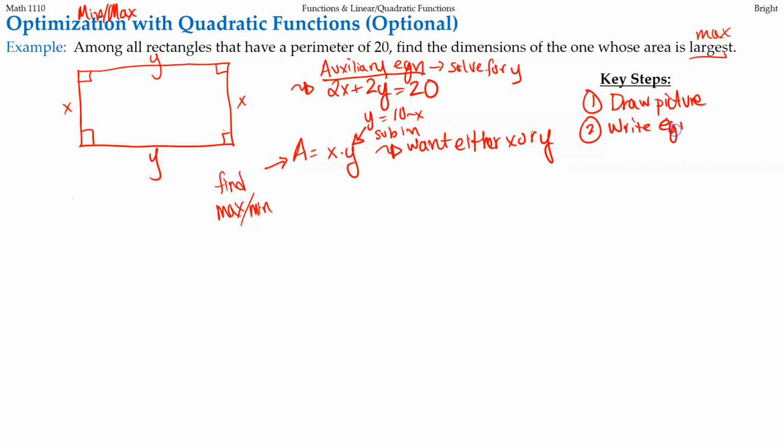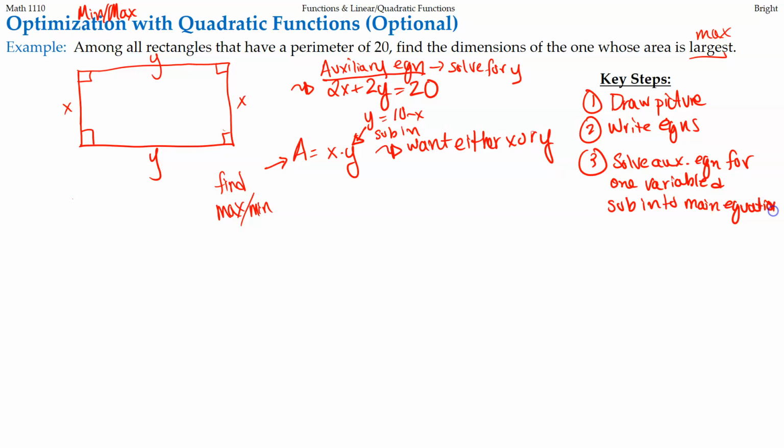Third, solve the auxiliary equation for one variable and sub into the main equation.